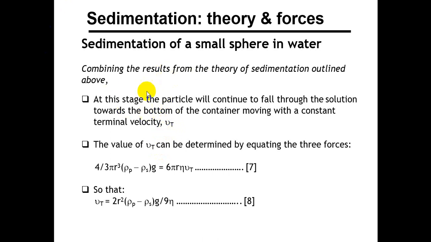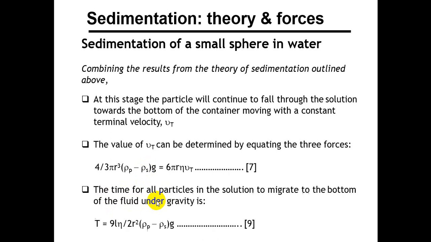This is the viscous drag. Then we have factored the radius of the volume of a sphere out. This is the density for gravity, and this is the density for buoyancy. So when we factor everything out, this is what we get.